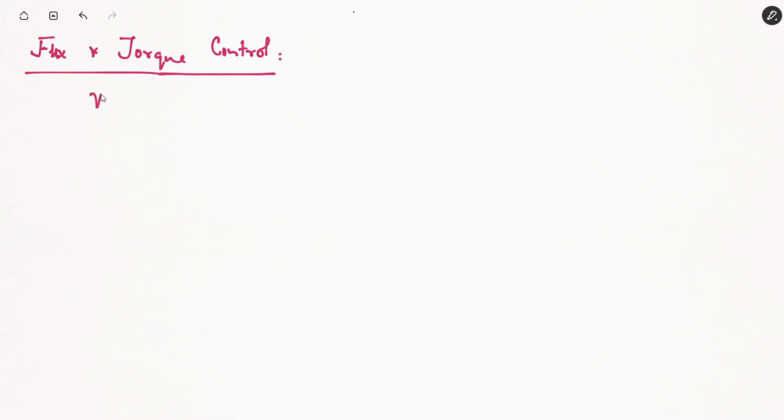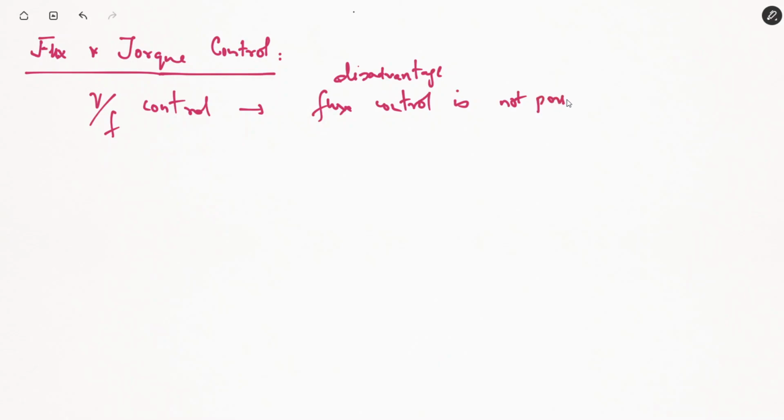So with V by F control strategy, the disadvantage is flux control is not possible with the volt hertz control strategy.